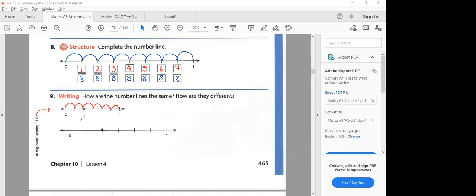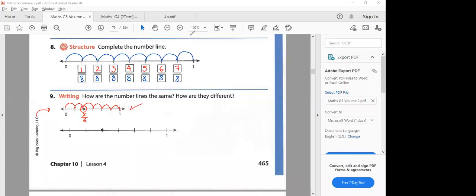Excellent. 6. So what is the point here pointing to? This is 2, right? Right. 2 over how many jumps? 6. So it will be 2 over 6. So the first number line represents 2 over 6.